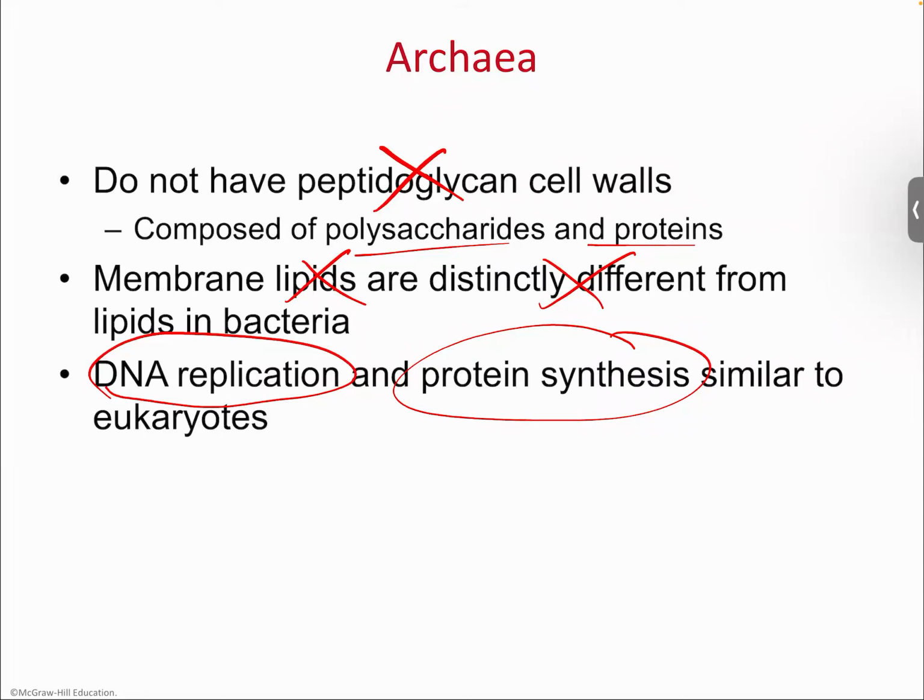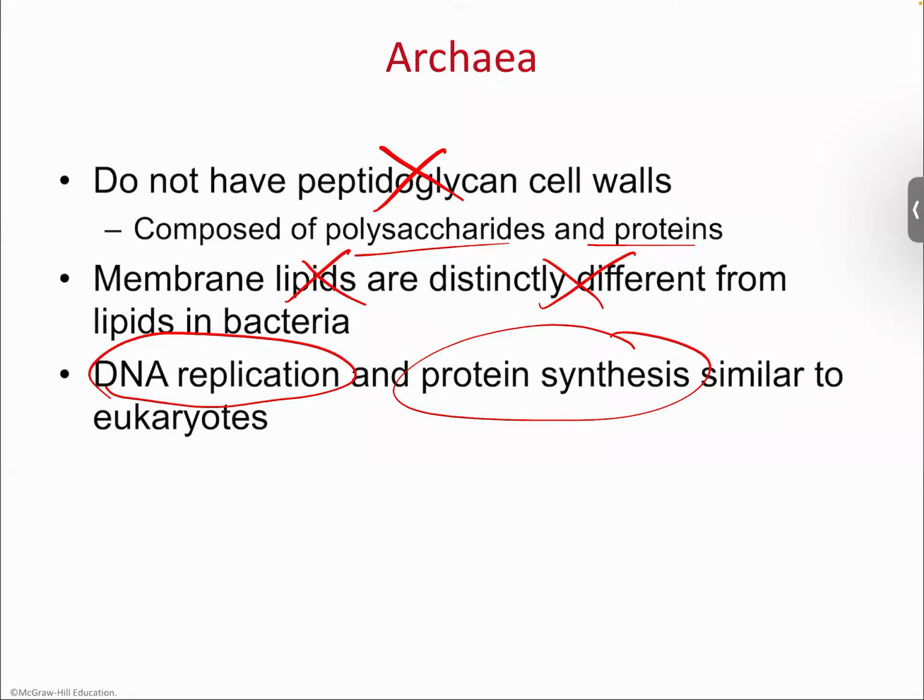But when you looked at its processes, like replication and synthesis, the actual mechanism that it used looked very similar to the way eukaryotes did business. So prokaryotes do replication in a very different way than eukaryotes, but archaea do it in a very similar way to eukaryotes. So in some very fundamental ways, archaea look kind of like eukaryotes. In some cases, they look kind of like bacteria.